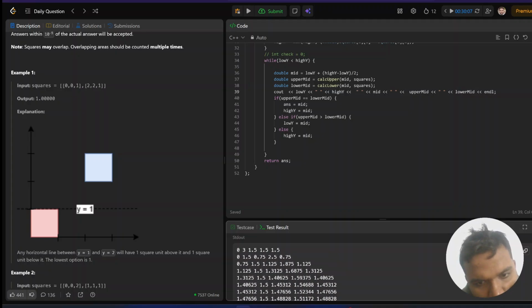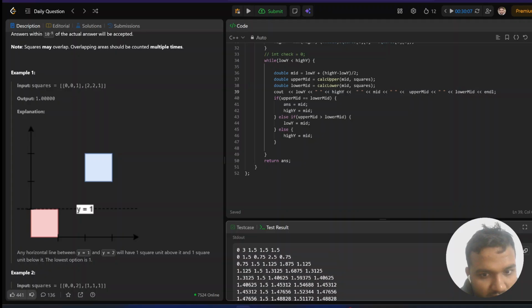It's low, it's high, 1.5, 0.75. Area becomes, upper area becomes greater when we are trying 0.75 and 1.5, something above 0.75 and 1.5.